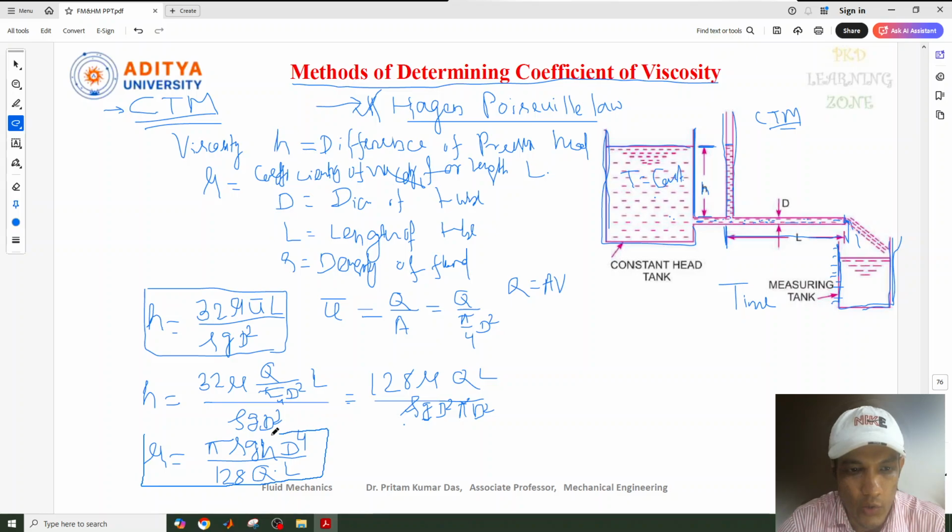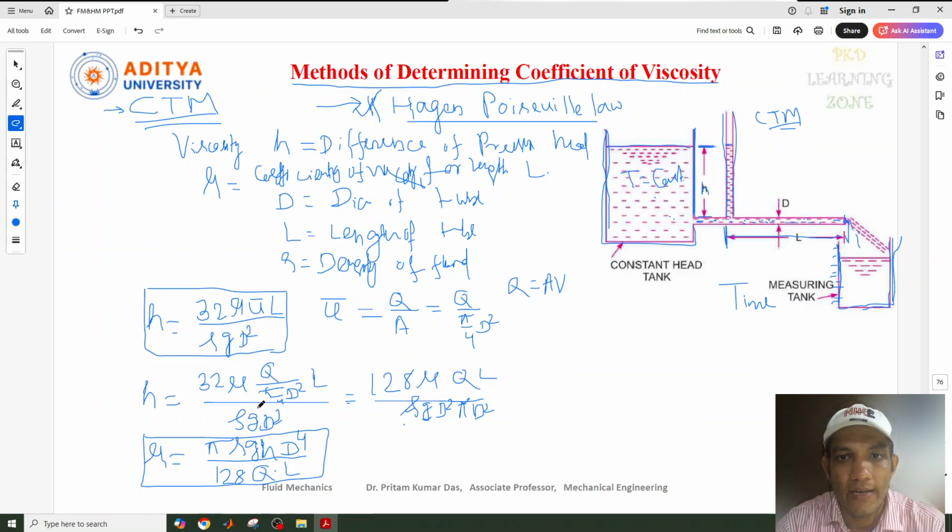This is the equation for finding the coefficient of viscosity, and the diameter d value needs to be taken very carefully.